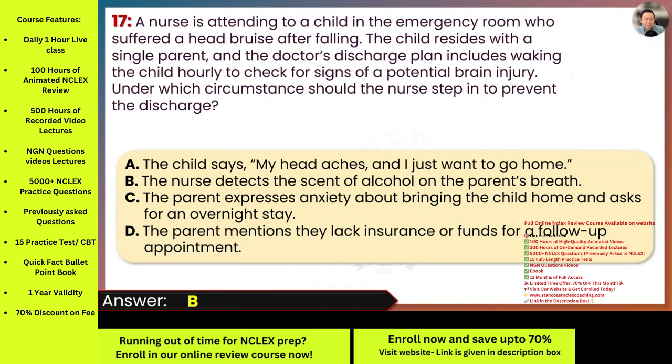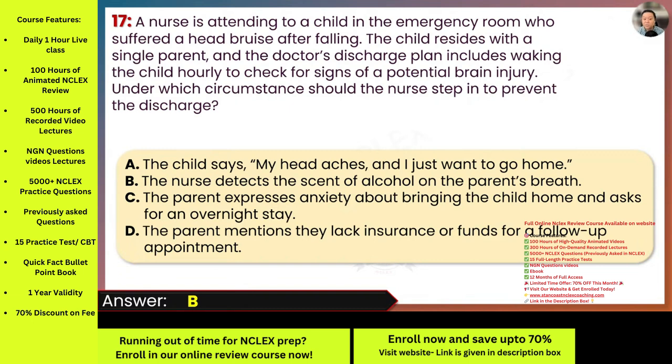Now, what about letter C? It is understandable for a parent to be nervous, but anxiety alone isn't a reason to delay a discharge. What the nurse can do is ease the parent's worrying by teaching how to monitor for danger signs, and can also provide written instructions on when to seek emergency care.